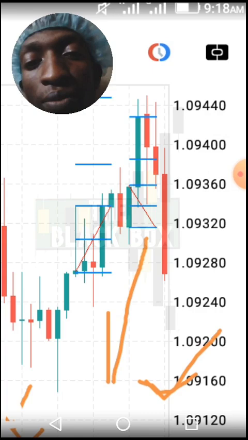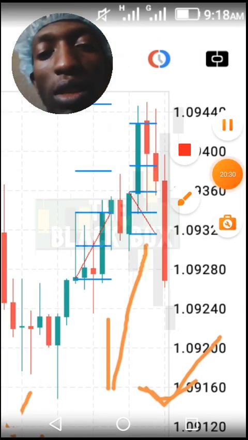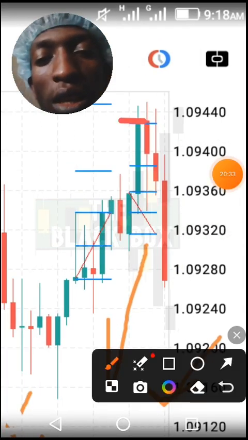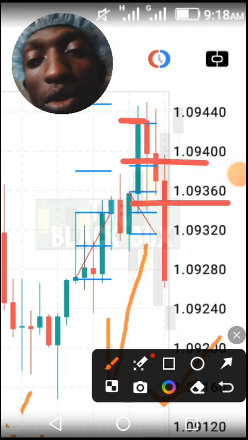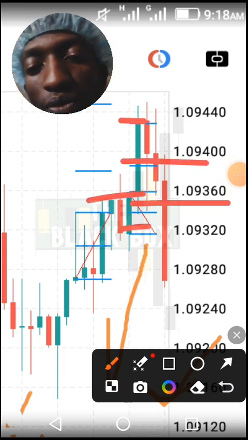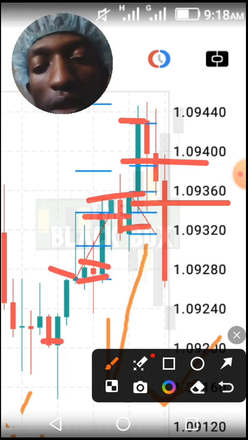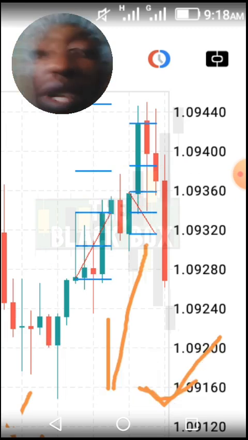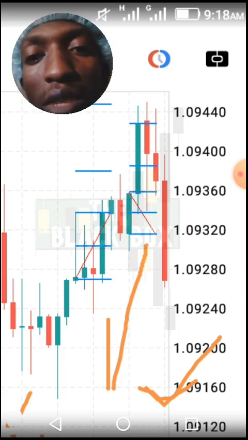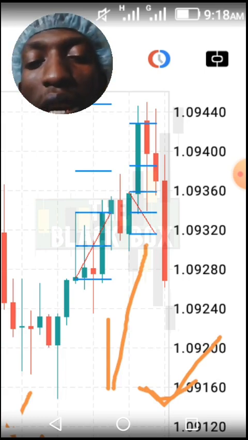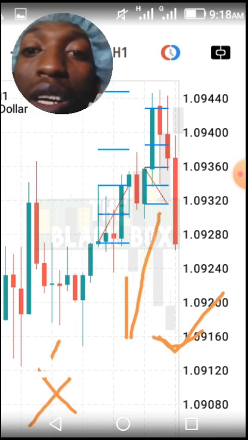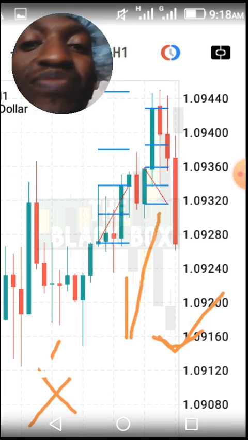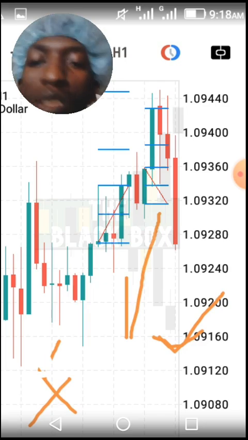Okay, so marking out this bigger black box TP2 is even good. It is rewarding. You will know where next the price will gravitate, where the price will be pumped or dumped next.